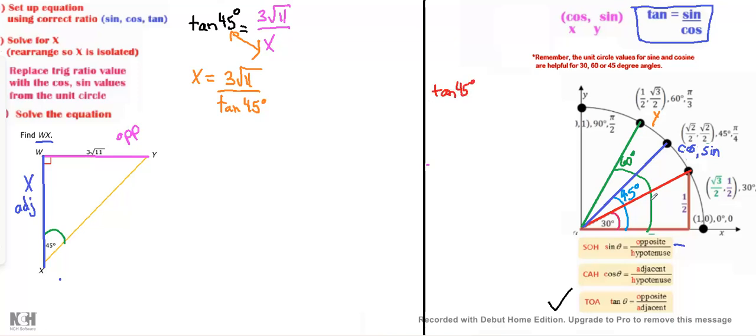For 45 degrees, I'm going to plug in the sine value. Sine value is, again, the y value, which is square root of 2 over 2. And in the denominator, we want the cosine value.